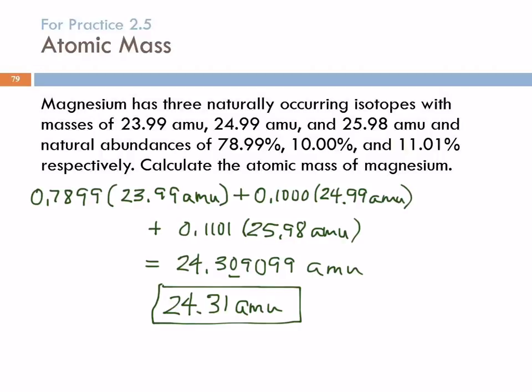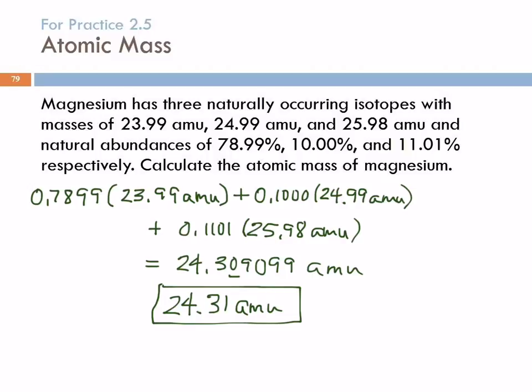In some cases, though, you'll have the mass with 6 or 7 significant figures, and the percentage will only be 3 or 4. Then the percentage is going to limit the number of significant figures in your answer. But it could happen the other way around as well. I'm not going to try to trick you on sig figs with these. Any questions?